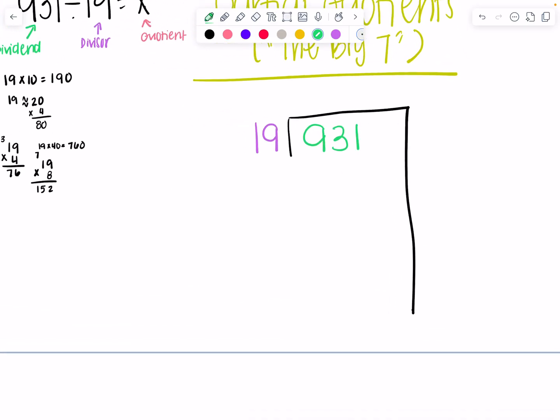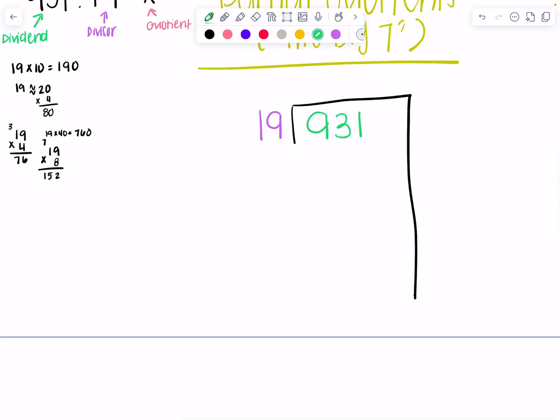So, again, same process as last time. Using what I already know, I'm going to start doing partial quotients.